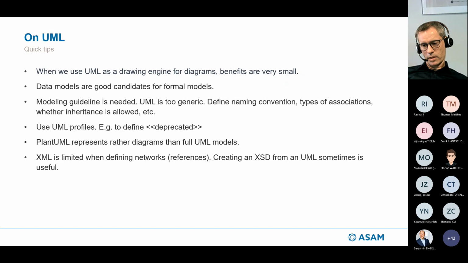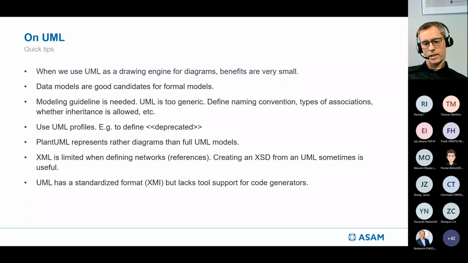The XSD you are generating uses just the hierarchical model of XML, and you then need tools, for example, to resolve the references, especially when you are referencing objects in other files. The references in UML are still valid, but they cannot be transported to XML.